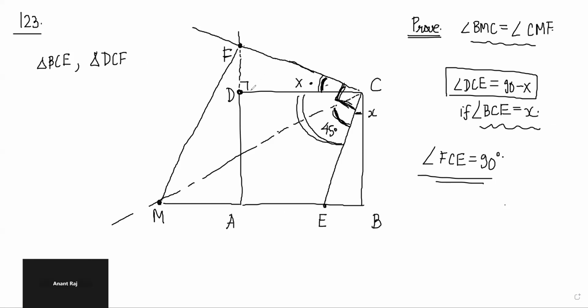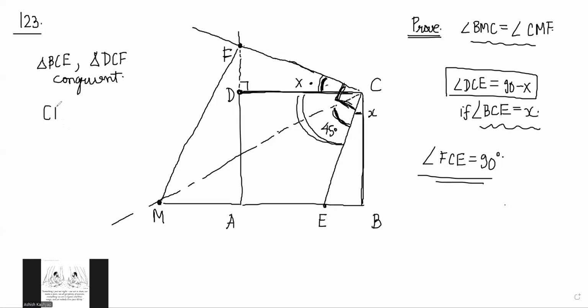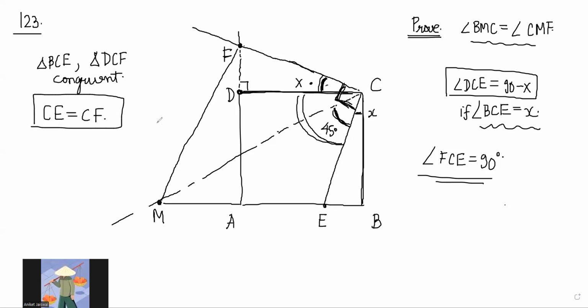And they have one common side, which is the side length of the square. So obviously they are congruent. If they are congruent, then we know that CE is equal to CF, the hypotenuse, right?